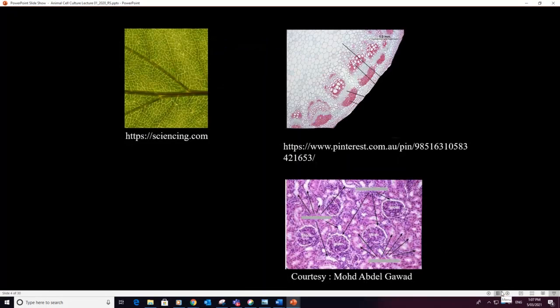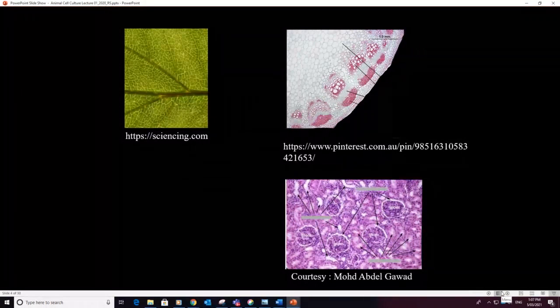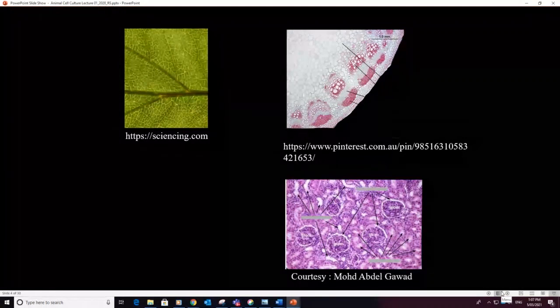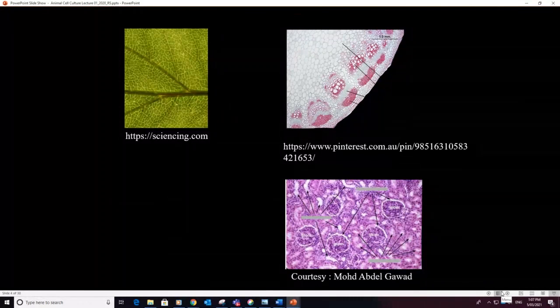This is an activity. If you see on your screen, there are three figures. Try to identify and write what you see in these upper two and the lower one. Can you identify any of these?